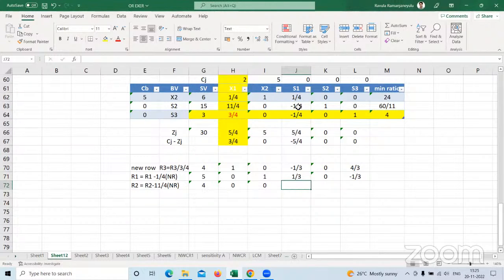All values: minus 1 by 4 plus 11 by 12, 1 by 4.